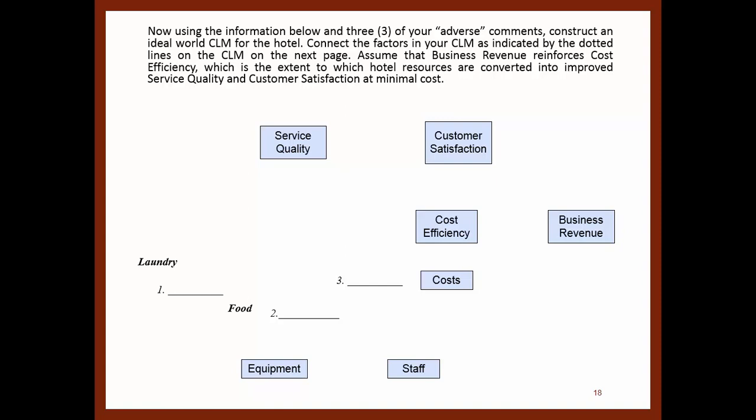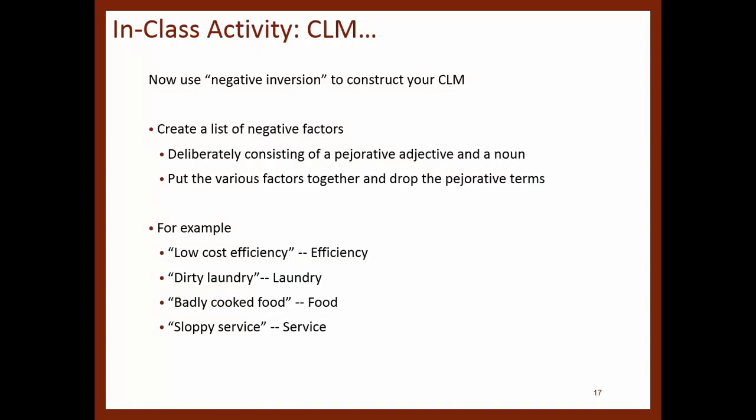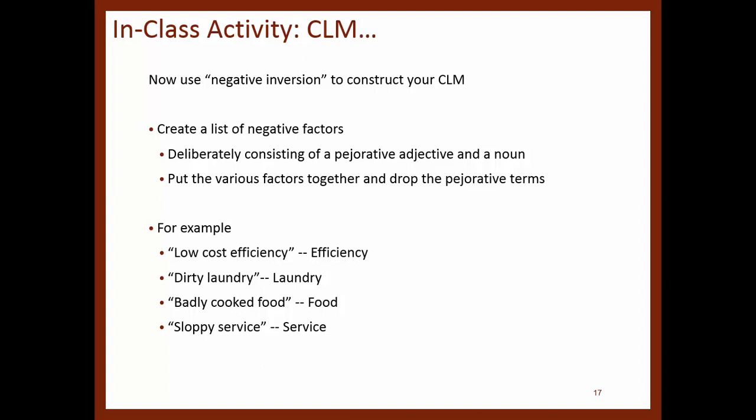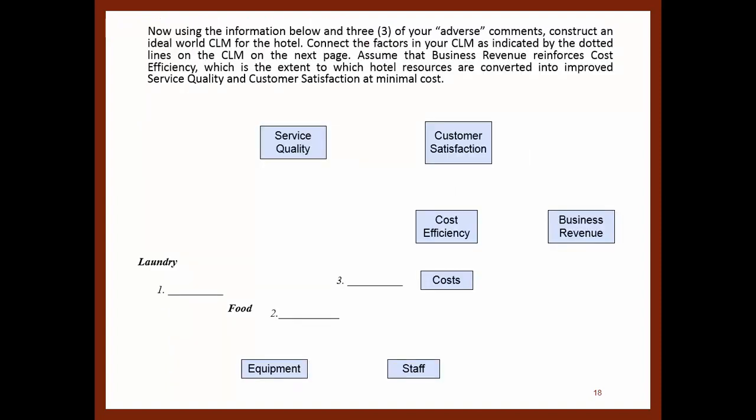So what I want you to do again, you're going to come up with your own list. You're going to choose 3 and you're going to put them here. These 2 are already there, food and laundry, so they have to be different. For instance, if you're talking about low cost efficiency, you can use efficiency and put efficiency here.